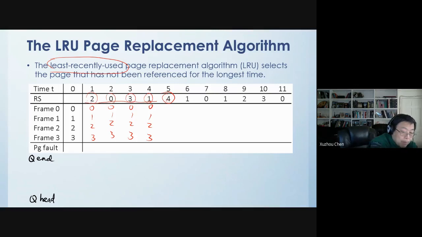Okay. Let's continue to talk about the page replacement algorithm. So we mentioned that in memory management, using demand paging, we can load the page into the physical memory if it is necessary.